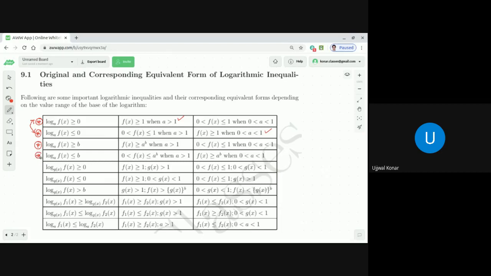It says that 0 less than f(x) less than or equal to a to the power b when a is greater than 1, and f(x) is greater than or equal to a to the power b when a is in between 0 and 1. Correct, dear students? You got my point? Clear? Yes.